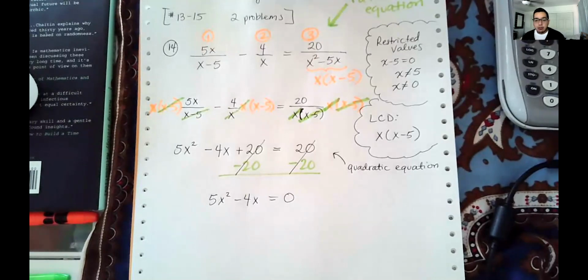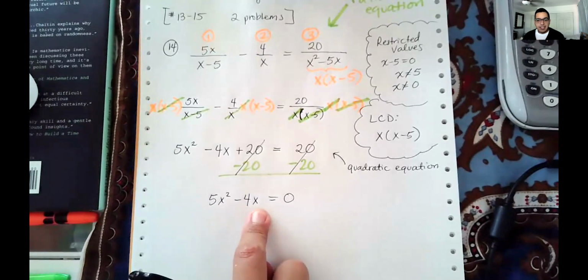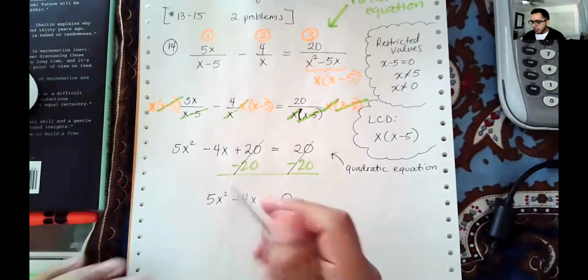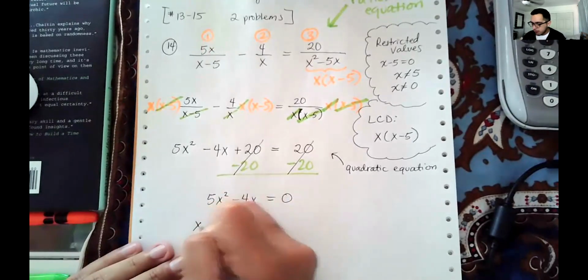Now, I only have two terms here, 5x squared and negative 4x. And they have something in common that I can factor out. So usually if you only have these two terms left over, factorization will be the easiest way to solve this. So I'll just factor out the x.